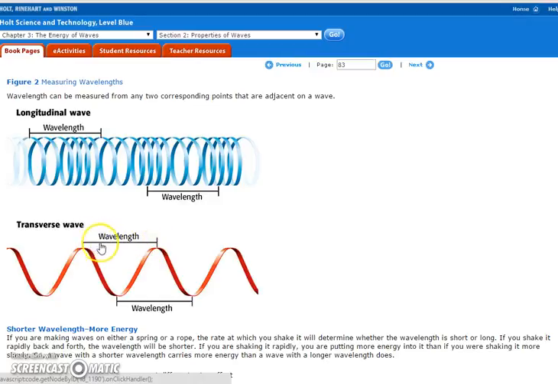That is an important correlation in the properties of waves. Remember, the wavelength decreases because the amplitude or the energy has increased. So, shorter wavelength equals more energy. And conversely, longer wavelength will equal less energy.